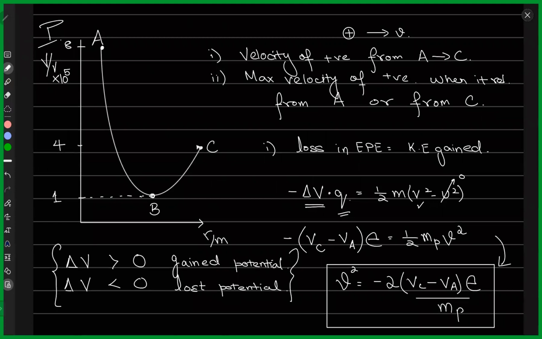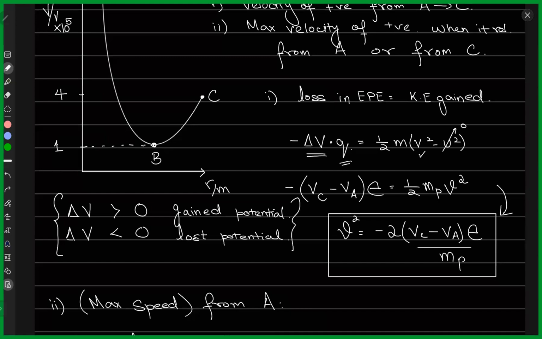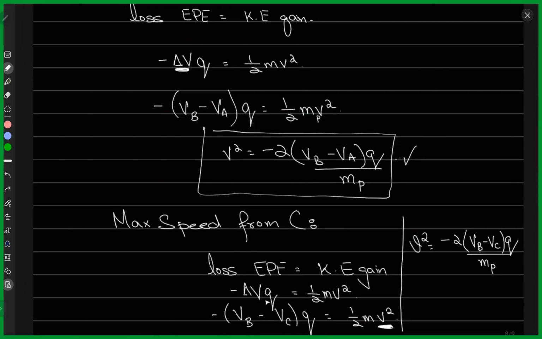It will come down, might oscillate back and forth like this, but it will eventually sit at point B. The final potential is still 1, which is VB, and the initial potential is now the potential at C. So our equation becomes: change in potential, minus delta V times Q, so VB minus VC, final is VB, initial is VC, times Q is equal to half mv squared.